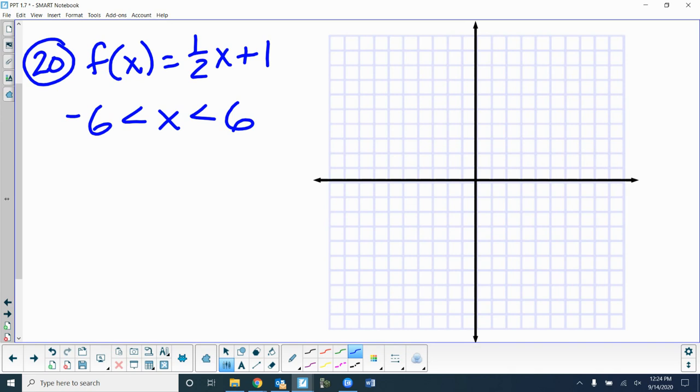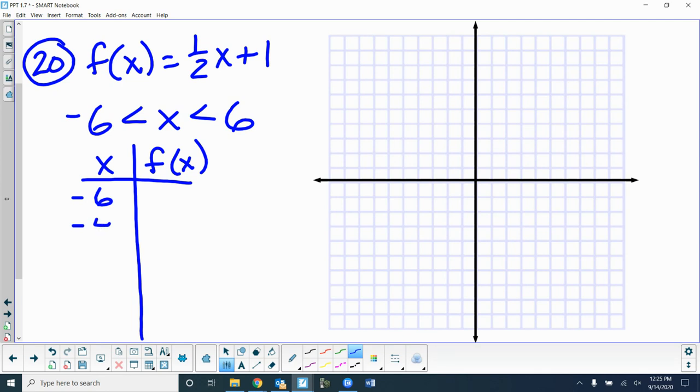So now our domain is all numbers between -6 and 6. Okay? So when I do my table, since it's 1/2 x, what numbers should I plug in? Even numbers, right? Does that make sense? So it's easy to take half of an even number.